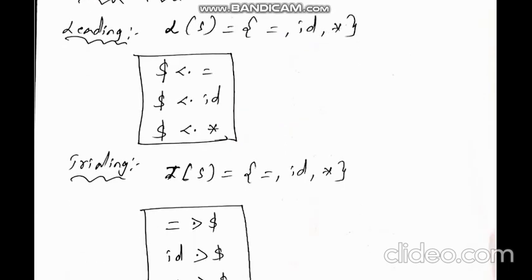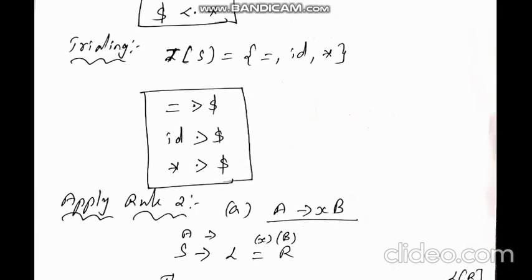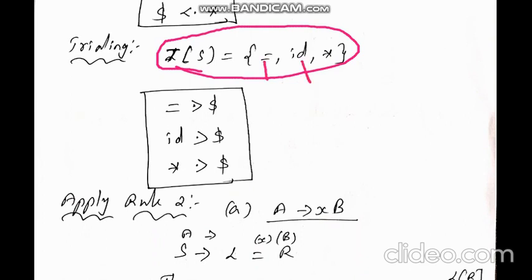In the same way we are going to do this trailing. I am going to take what is trailing of S. If you scroll up and see, or rewind the video and see, we have trailing of S equal to the symbols id and asterisk. All of these are terminal symbols, right?